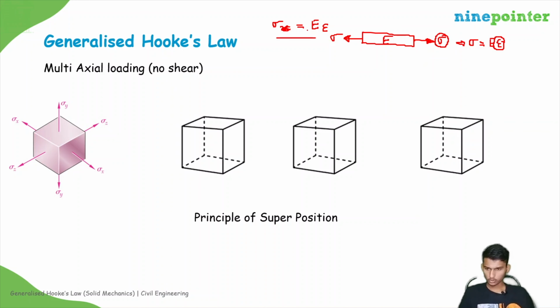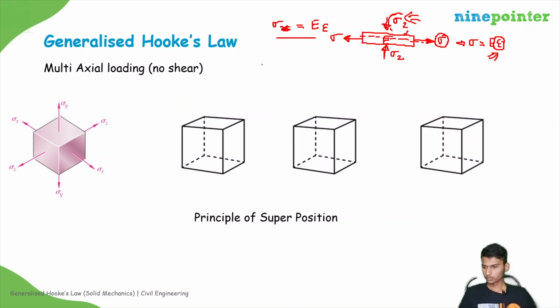But when you also apply sigma from this side, then because of this sigma 2, there will be strain in the axial direction, because of the Poisson's ratio. So the total strain in the axial direction will be this strain plus the strain produced by this, right? So we need to incorporate all these effects, and by incorporating all these effects, we call this the generalized Hooke's law.